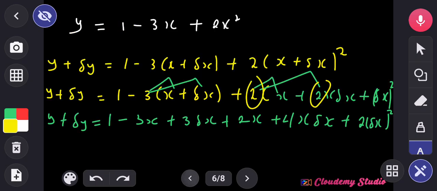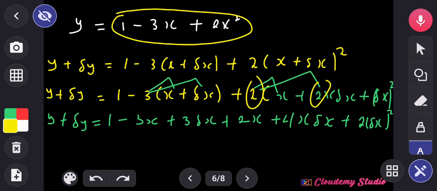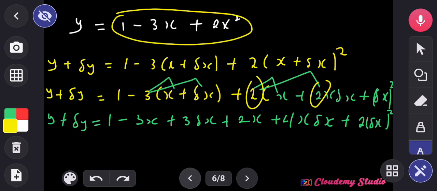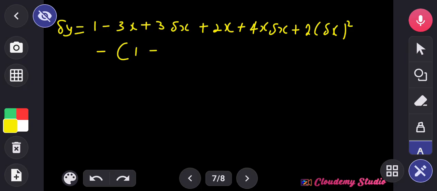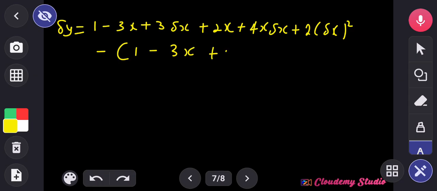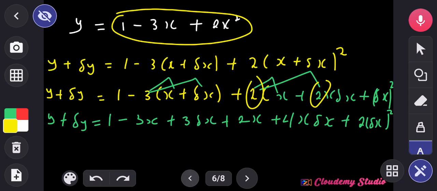But we know that our y equals 1 minus 3x plus 2x squared, which means instead of writing minus y, we are just going to write minus into brackets 1 minus 3x plus 2x squared.